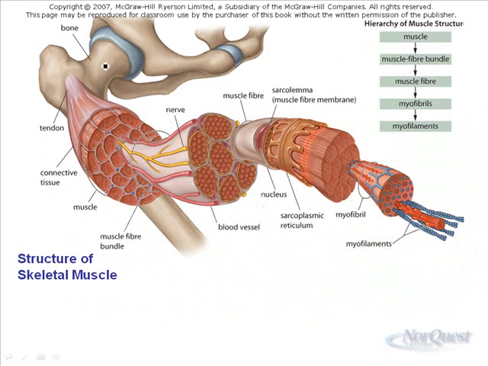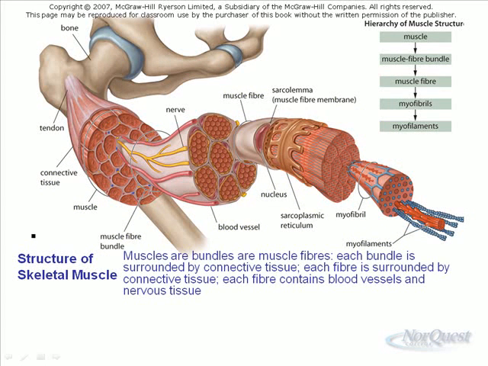Here's a picture of what we were just talking about in terms of organization. Here we have, it looks like, a femur and our pelvis, and here's some connective tissue. Here's a tendon that's attached to a muscle. And what you're going to see is that in the structure of skeletal muscle, there are bundles of muscle fibers. Each bundle is surrounded by connective tissue, and each fiber is also surrounded by connective tissue.